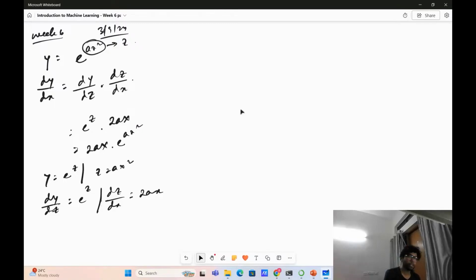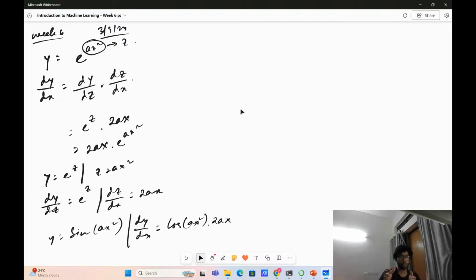Once you get habituated to this, the quick way to think is this. Let me give another example: y equals sine of ax square, instead of e to the power. To calculate dy dx, you first calculate the derivative of sine, which is cosine. Cosine of ax square times the derivative of ax square, that is 2ax. Simple.